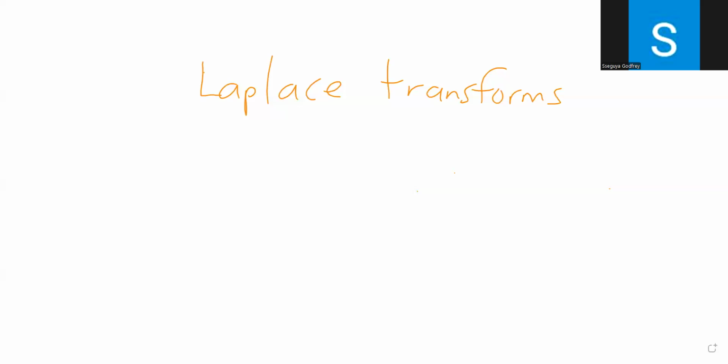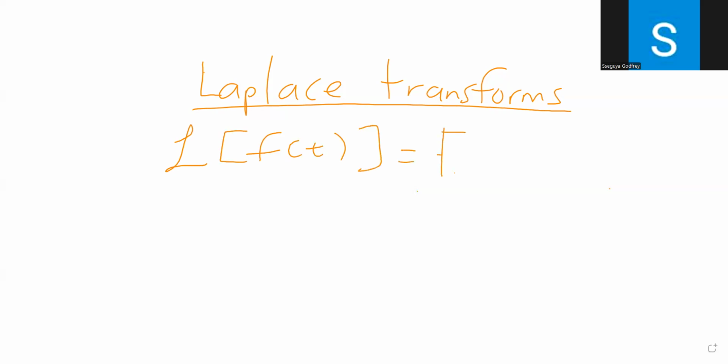First of all, you should know that the formula of Laplace transforms is F(s), which is the integral from 0 up to infinity of f(t) e^(-st) dt.